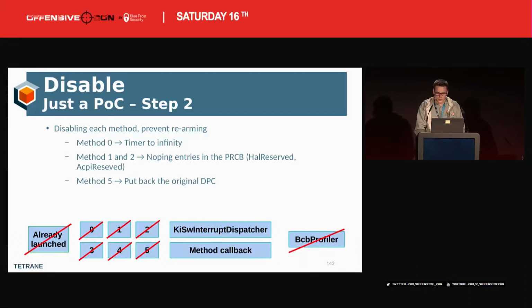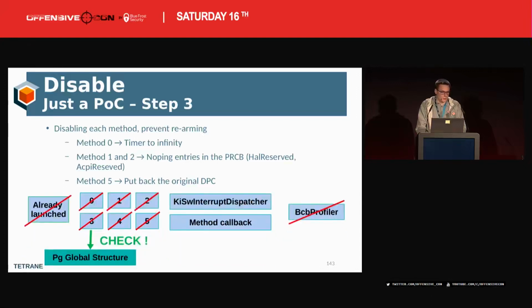So what about the two new methods? The two new methods are actually interesting because, as I said before, they use a global PatchGuard context structure. But what is interesting here is that they do not perform the check of the global PatchGuard context structure. The other methods do. So basically, at this point, we have disabled all methods that check the global PatchGuard context structure.